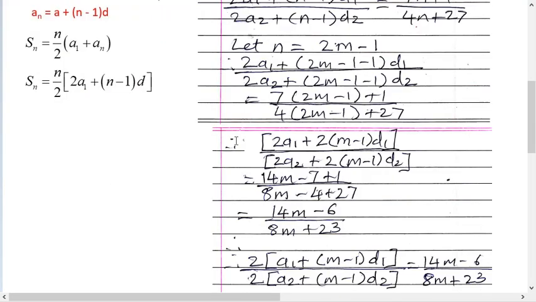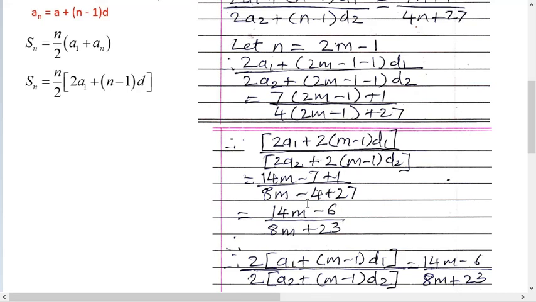Okay, so now we solve the LHS: (2a1 + 2(m - 1) d1) upon (2a2 + 2(m - 1) d2) equals the RHS now. 14m - 7 + 1, so 14m - 7 + 1 upon 8m - 4 + 27, equals (14m - 6) upon (8m + 23).